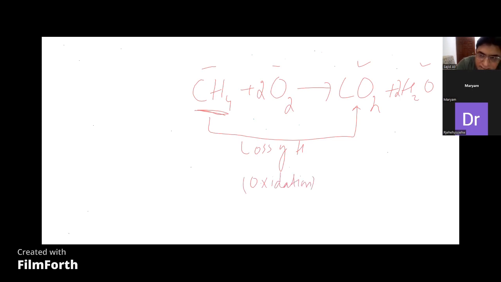But here, oxygen is gaining hydrogen. This is gain of hydrogen. This is reduction. So methane is being oxidized here, and oxygen is being reduced by gaining hydrogen. So this is also a redox reaction with reference to loss and gain of hydrogen.